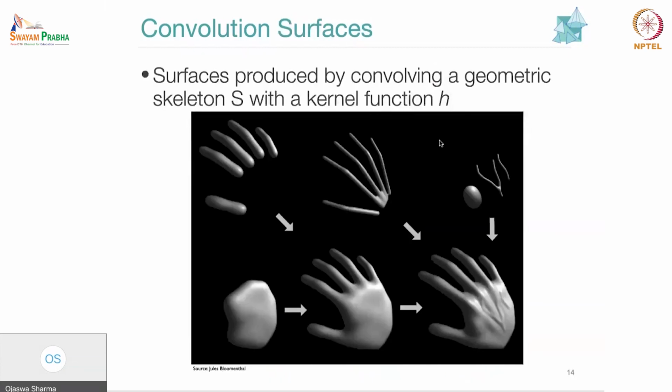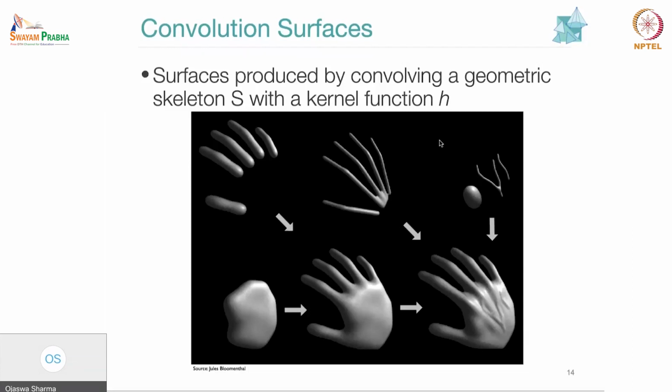So the making of this hand is defining various skeletal elements and placing them at the right place. For example, the fingers, the skeletons, the veins, the base of the hand, the palm, they all have different skeleton elements, and then are convolved together with a kernel function.